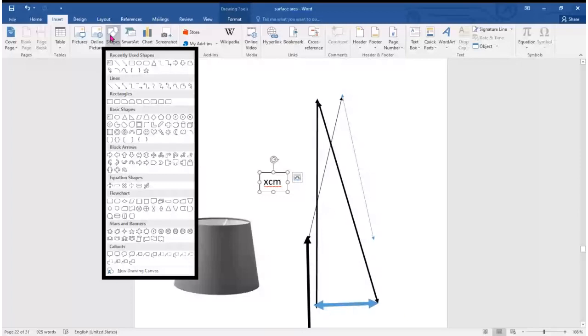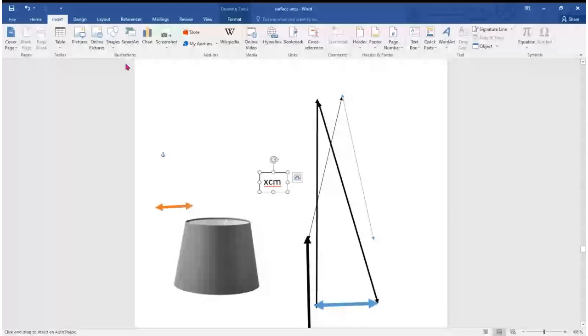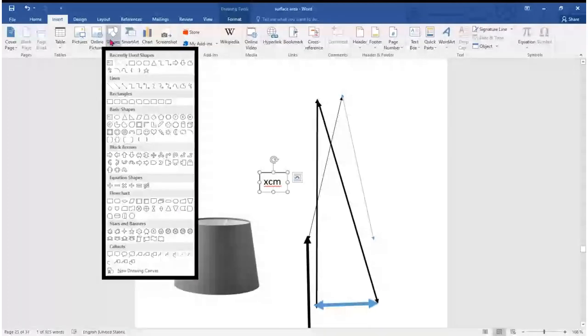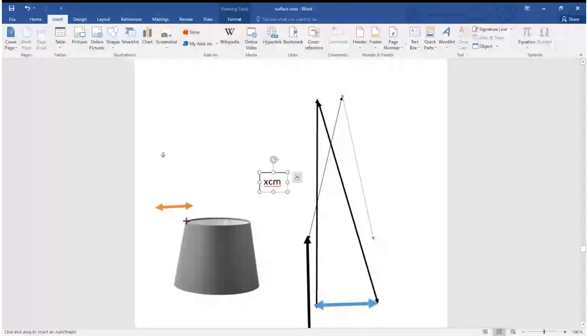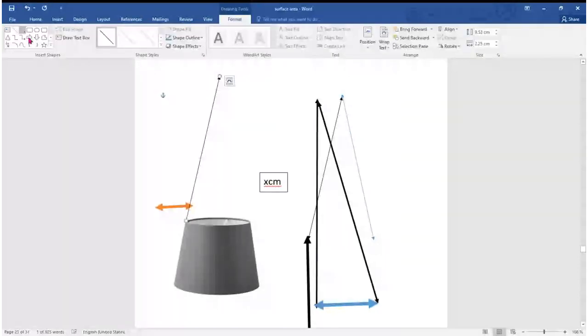So you draw this, you draw it up to there. Then I draw this. Whatever I'm adding here is a small cone.